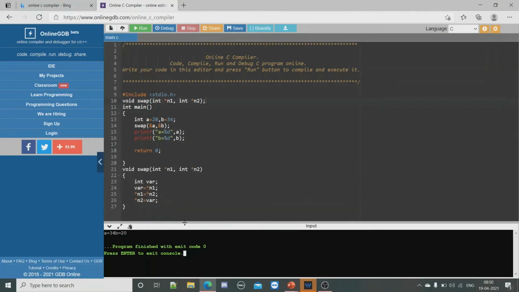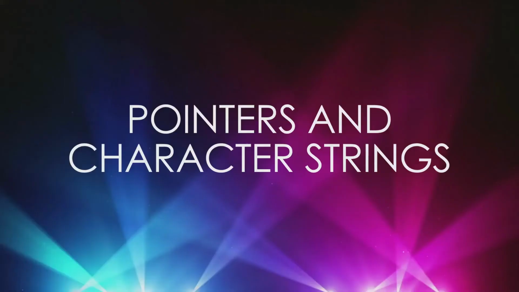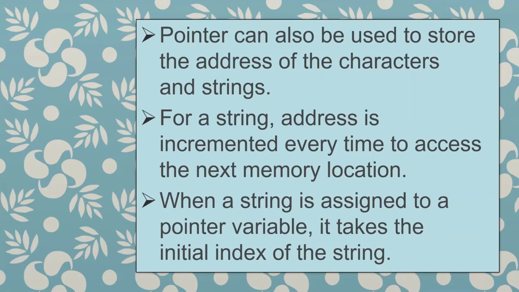Next, we'll move on to pointers and characters, strings. From now onwards we'll see about character strings in pointers. A pointer can also be used to store the address of characters and strings. For a string, the address is incremented every time to access the memory location.